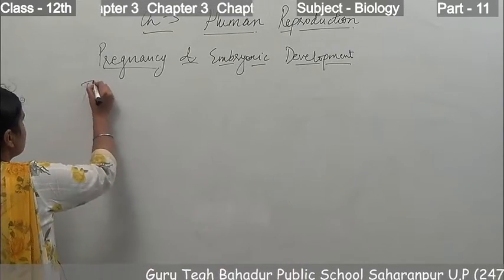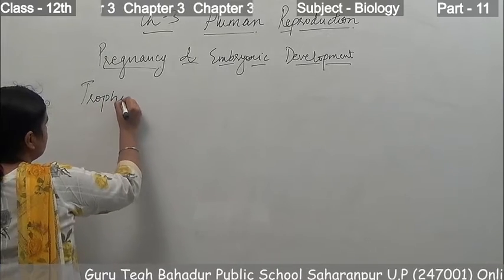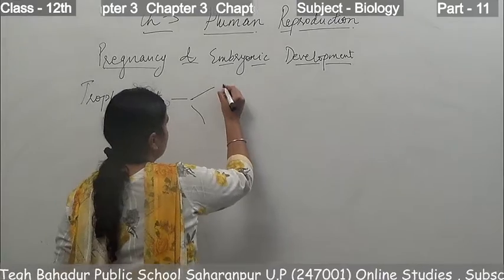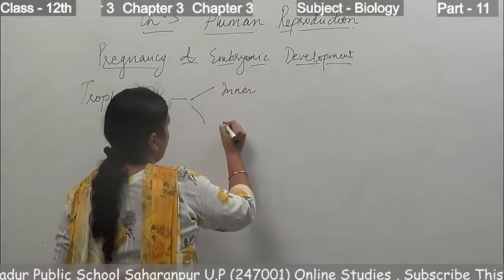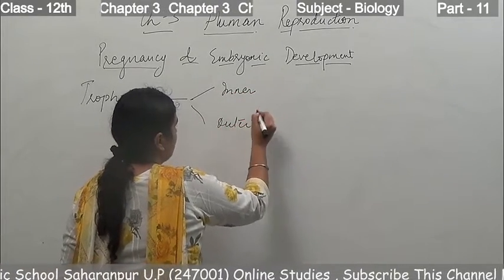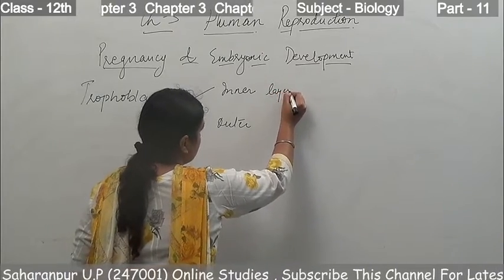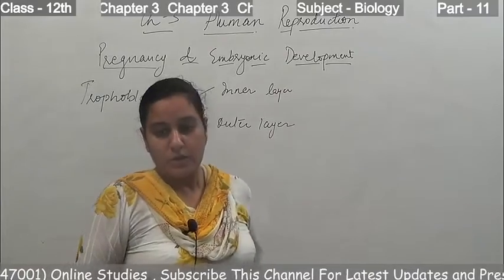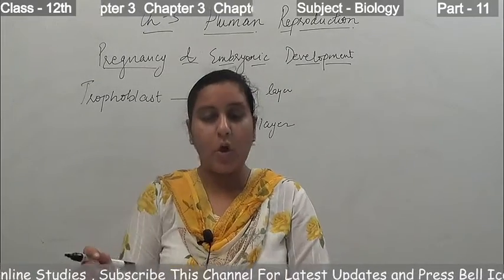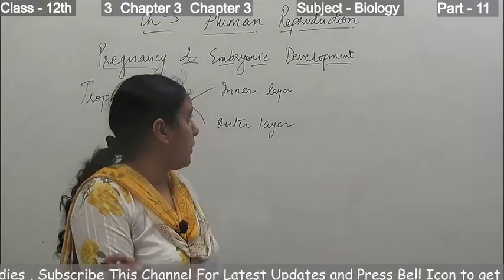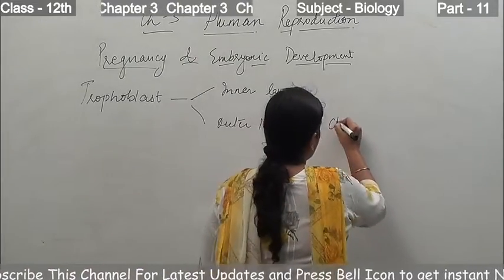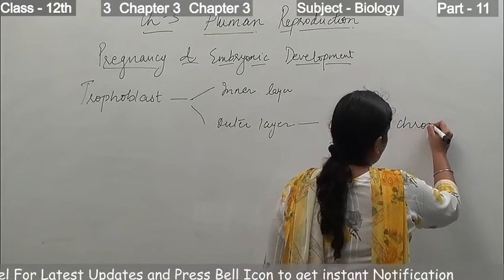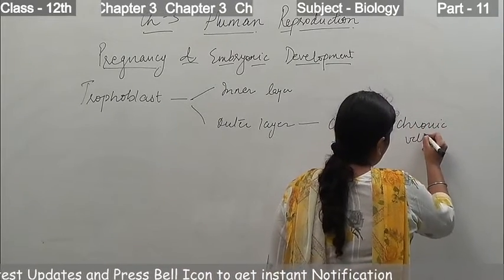What happens first? The cells of the trophoblast differentiate into inner and outer layers. The outer layer is called the chorion and it forms chorionic villi.